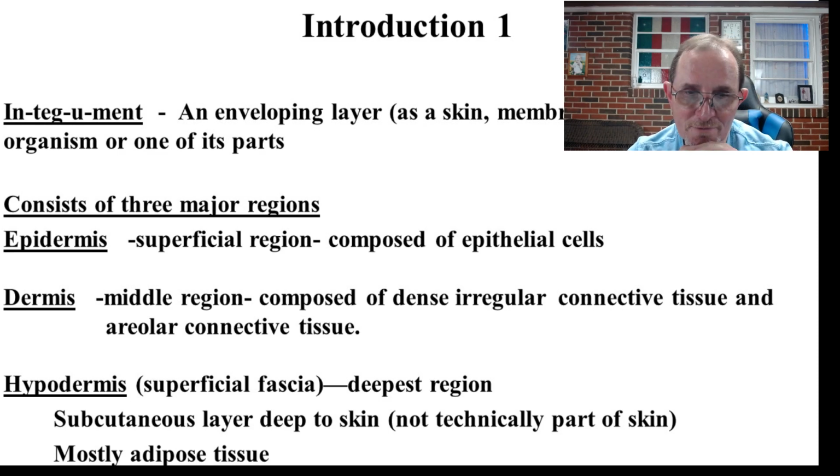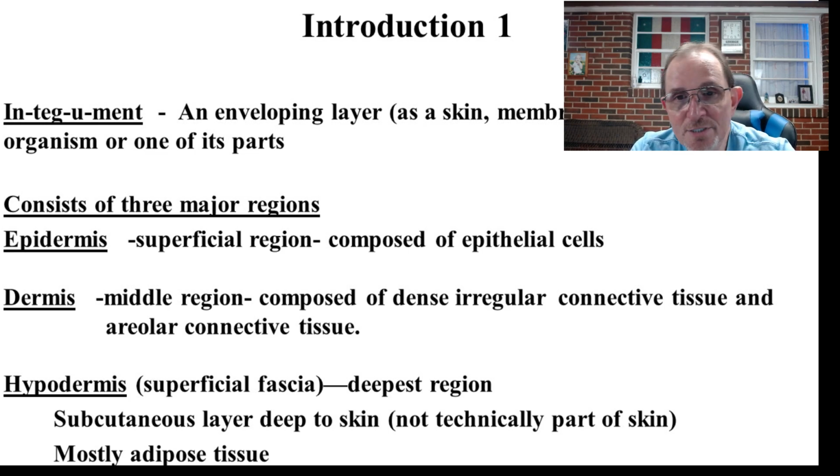Underneath that, we've really got, this is not really part of the skin, but just to be complete, the hypodermis. I'm sure most folks have heard of the term hypodermic needle, so it goes with it. Superficial fascia is another name for it. It's the deepest region, also called the subcutaneous, which means under the skin.